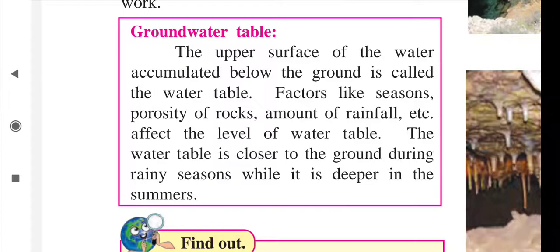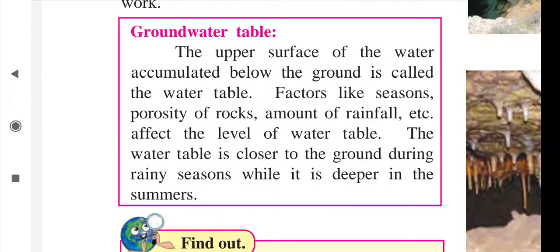So here it is said what the water table is: the water accumulated below the ground in the earth's surface is called the underground water or water table.